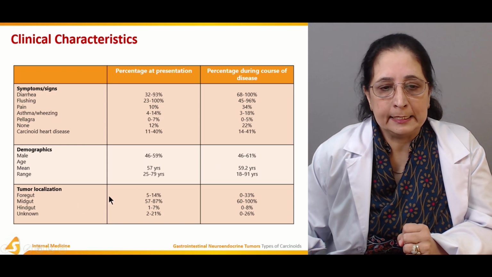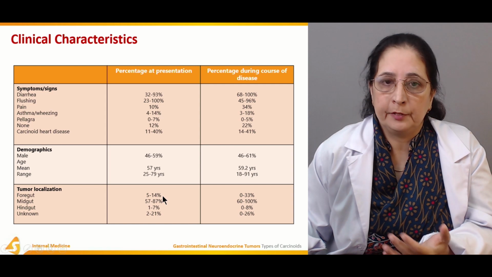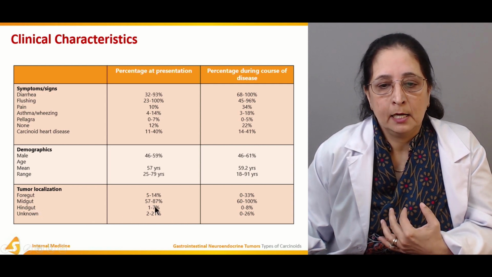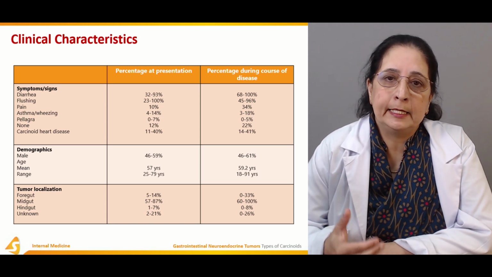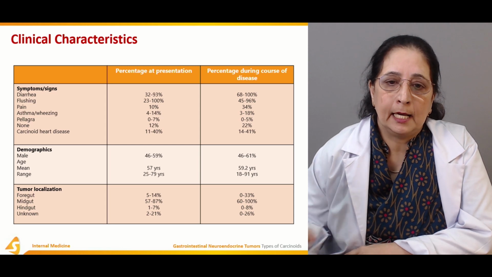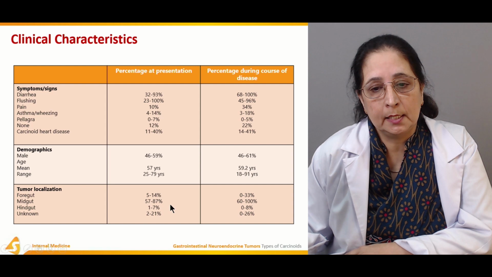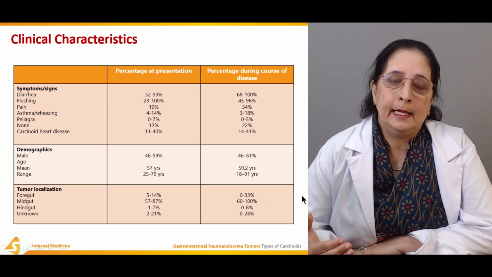Tumor localization: foregut in 5 to 14% at presentation. Then we have midgut and hindgut. The midgut is the most common site at presentation, 57 to 87%, and also during the course of the illness.